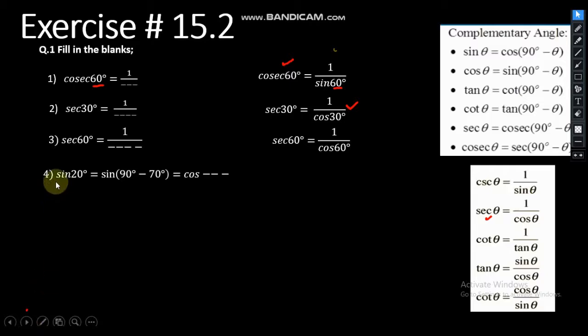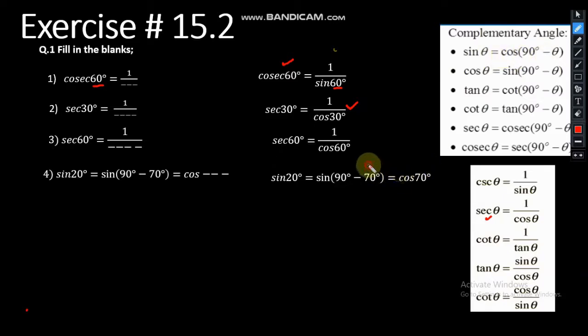Now question number 4. Sine 20 degree is equal to sine of 90 degree minus 70 degree, which is equal to cos dash. Now we use this formula: sine theta is equal to cos of 90 degree minus theta.